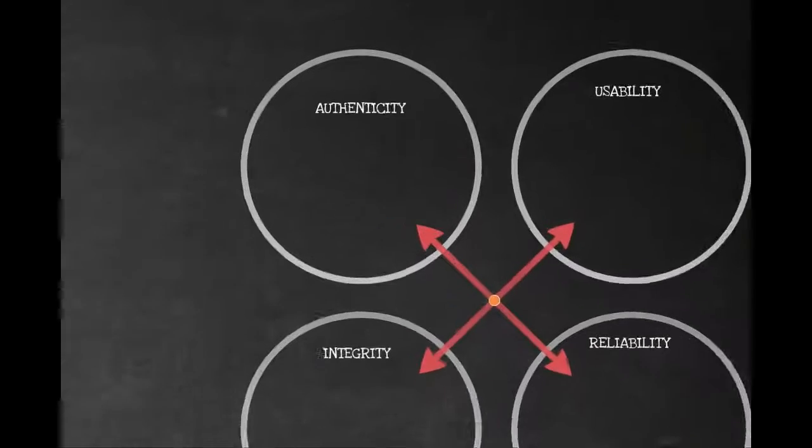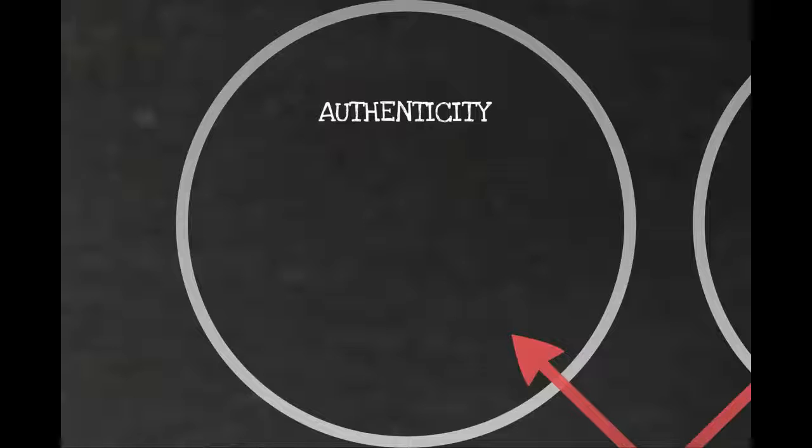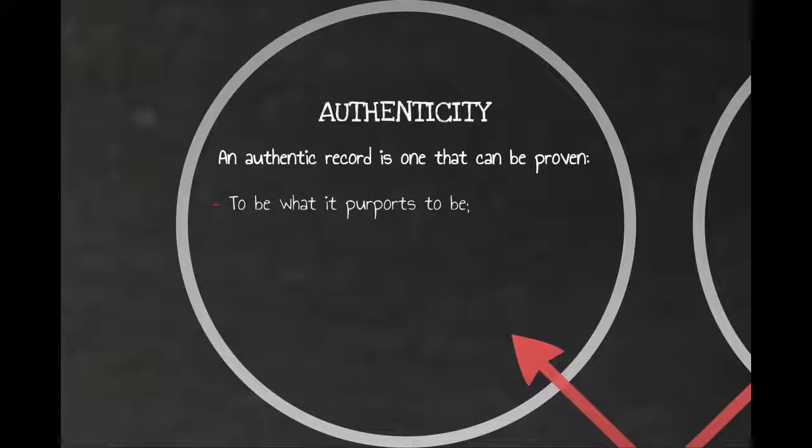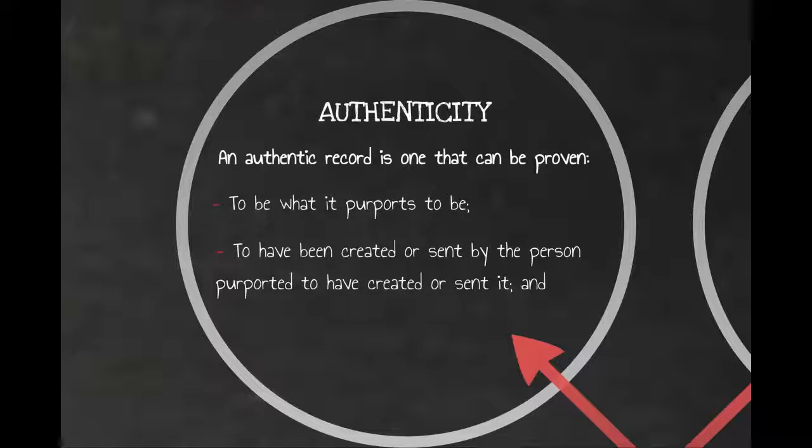A record is authentic if it can be verified that it is exactly as it was when first transmitted or set aside for retention. To ensure the authenticity of records, organizations should implement and document policies and procedures which control the creation, receipt, transmission, maintenance, and disposition of records to ensure that records created are authorized and identified, and that records are protected against unauthorized addition, deletion, alteration, use, and concealment.